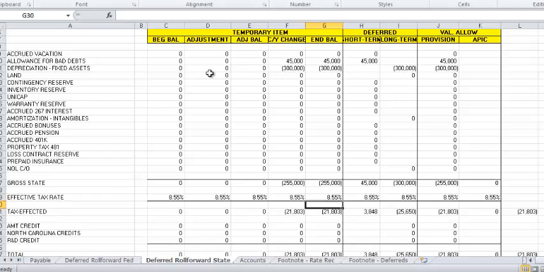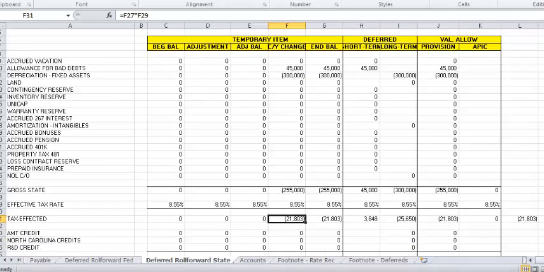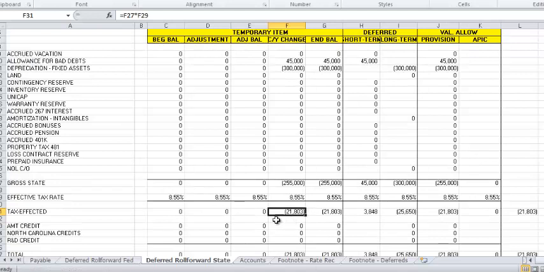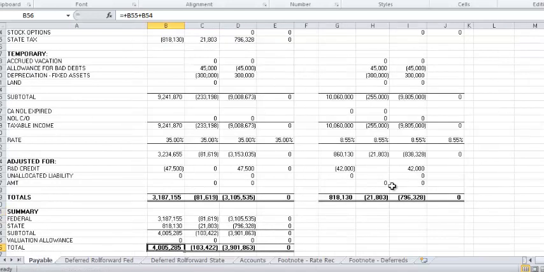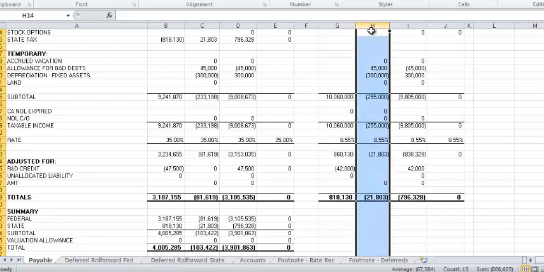Now the key is, you see this 21 right here that my mouse is on? That's an increase in deferred tax liabilities for state tax deferreds, right? So that 21 ought to be the same 21 I just told you I had over on this schedule, right? Because this deferred column here, that should be what I'm telling you on my deferred roll forward is my change.